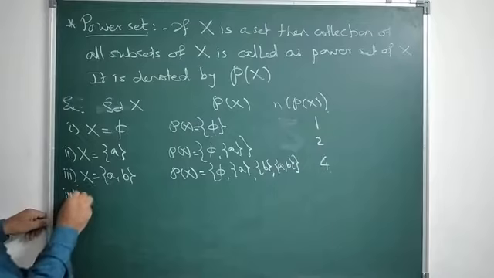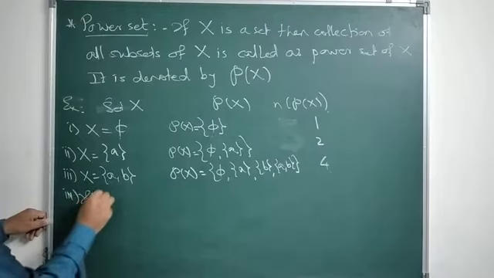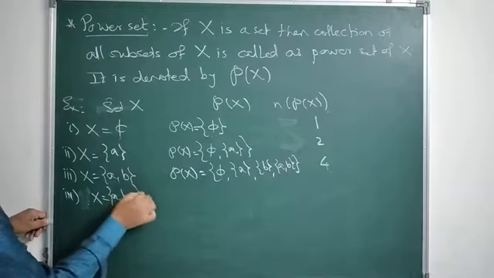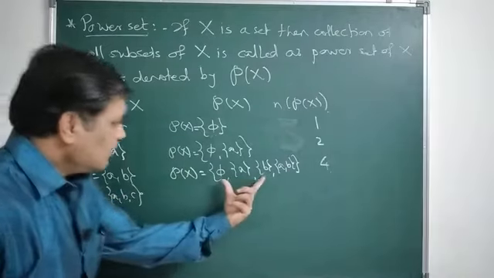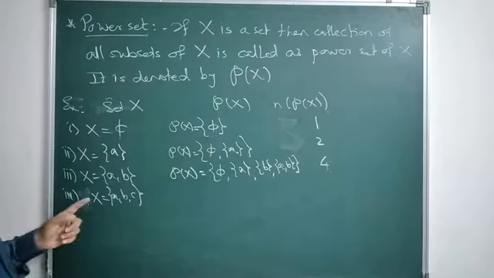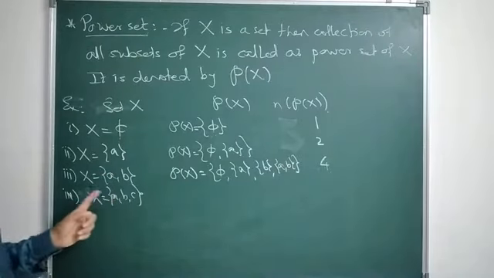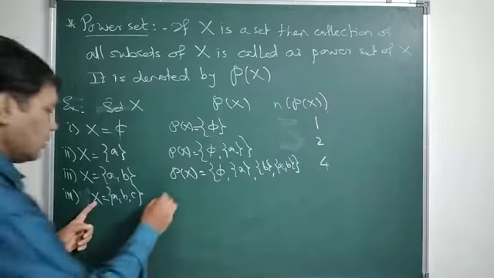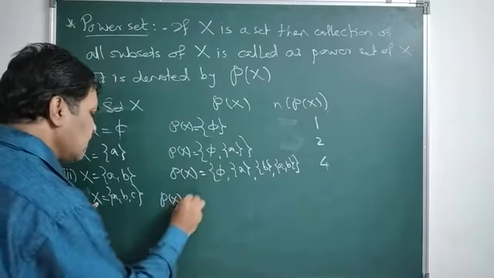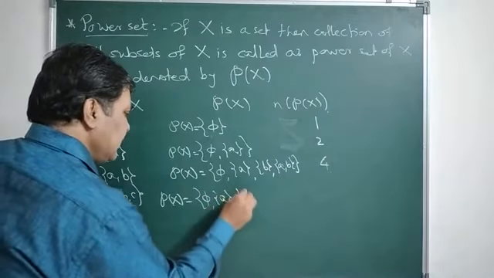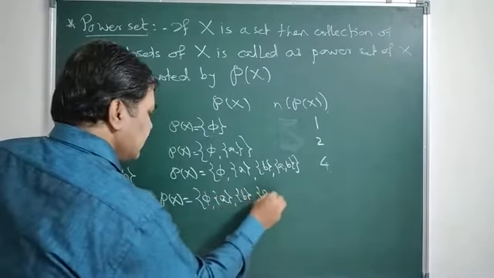Fourth, if X is the 3-element set {A, B, C}, the power set contains these 4 elements: phi, A, B, AB.